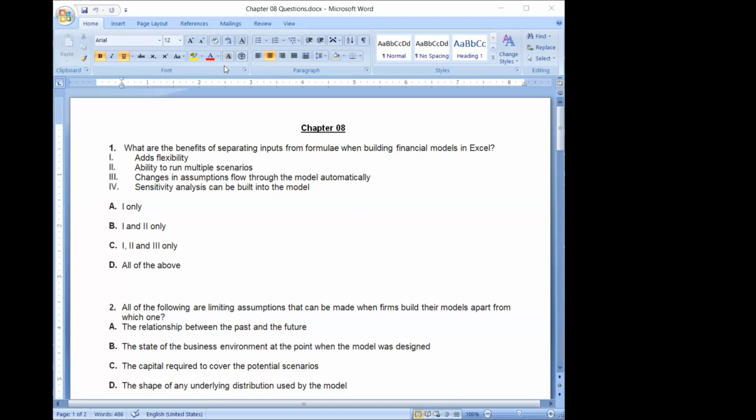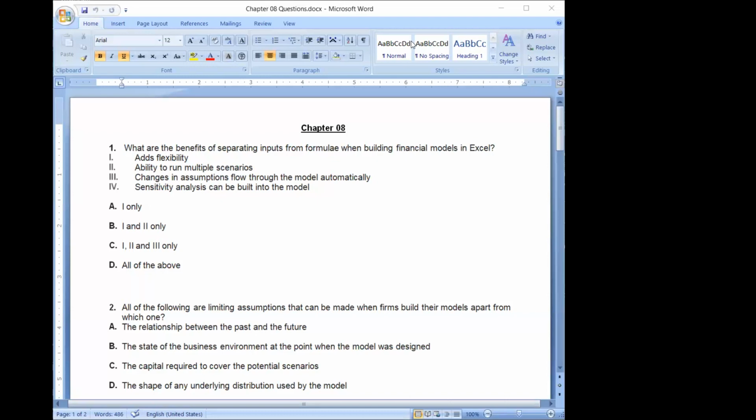Right, I've got 3 responses. Let's see the question. What are the benefits of separating input from formula when building financial models in Excel? Add flexibility, ability to run multiple scenarios, changes in assumptions flow through the model automatically. Sensitivity analysis can be built into the model.